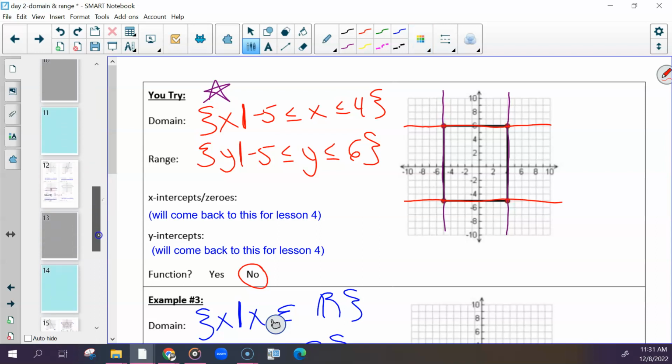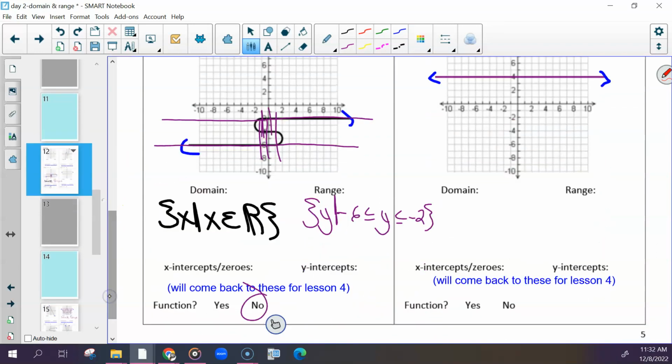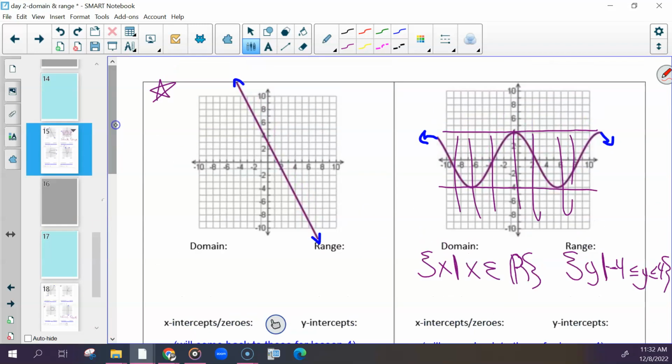Our next one was this page. On page 6. What is the domain of this function? All numbers.